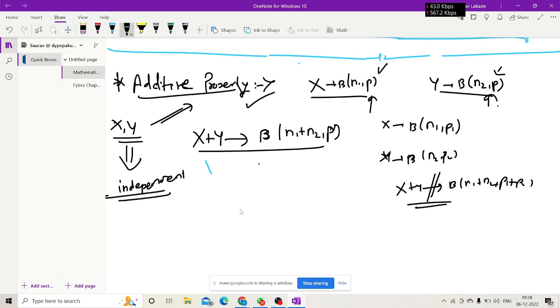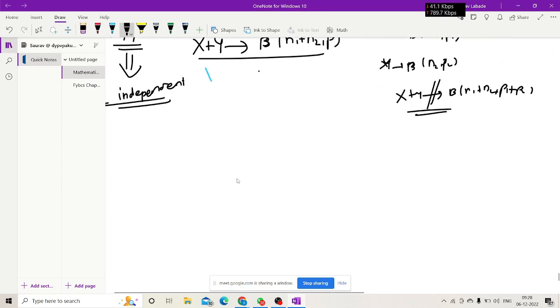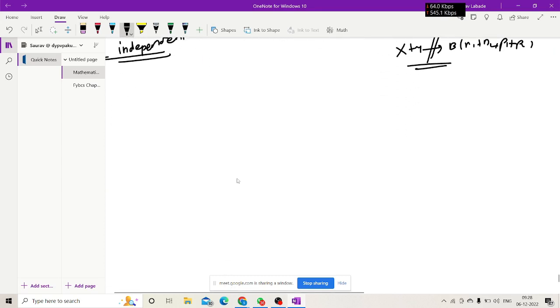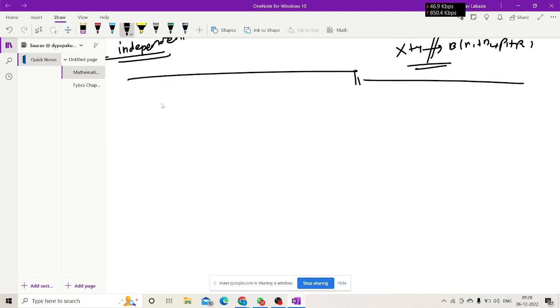Okay, so let's take one example related to the additive property. Here I have two values x and y. These are two independent variables, and they have binomial distributions with parameters.